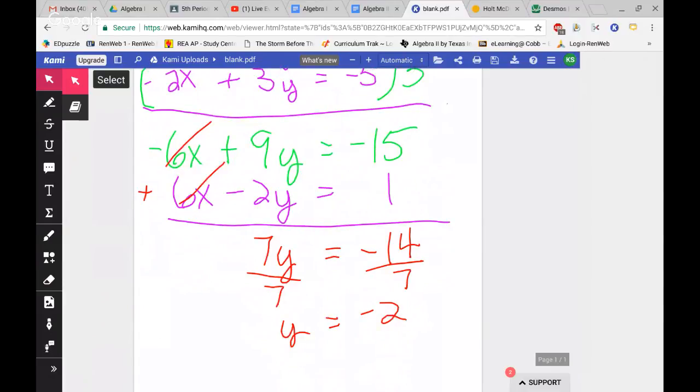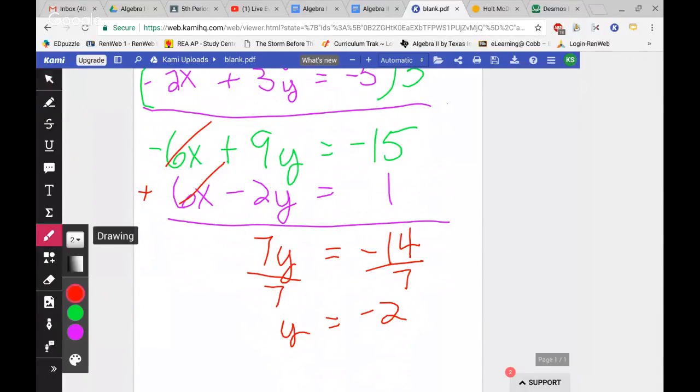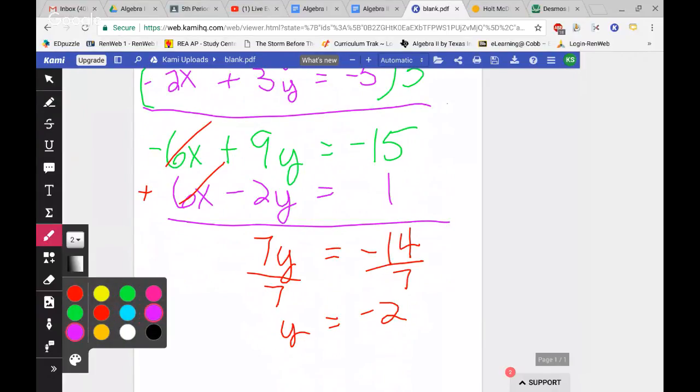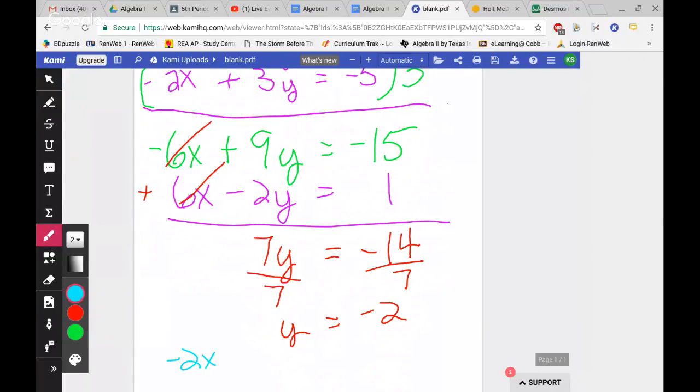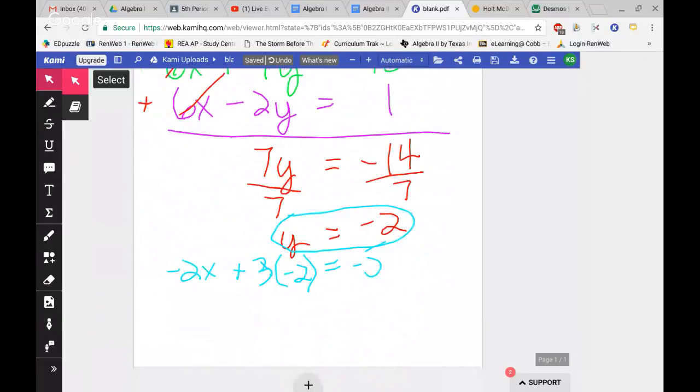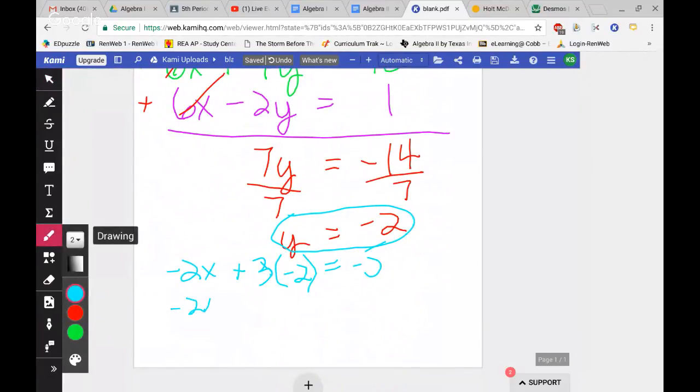So I've got -2x plus 3 times -2, because I'm plugging in this value here for the y, so substituting, equals -5, which then gives me -2x. 3 times a -2 is a -6, equals -5.